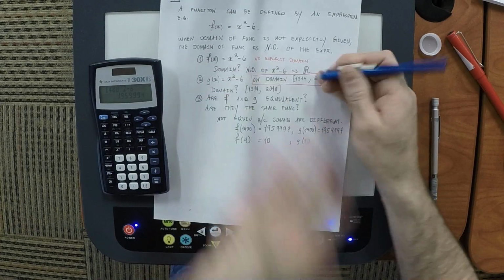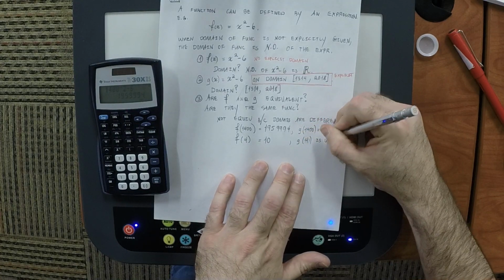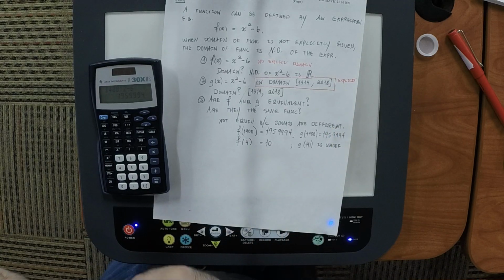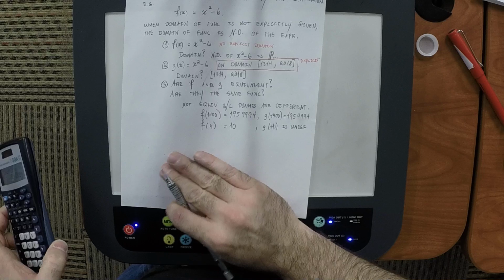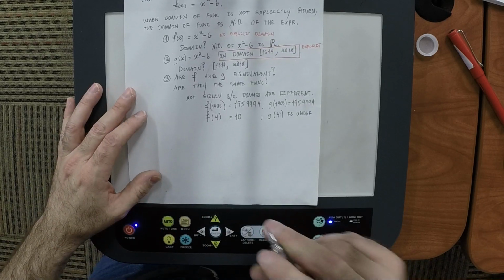That's the point. This is undefined. Which is to say that, no, in fact, g does not have a button 4. f does, but g doesn't. Okay. So they're not the same. Good.